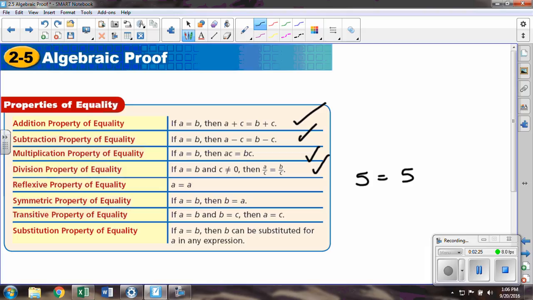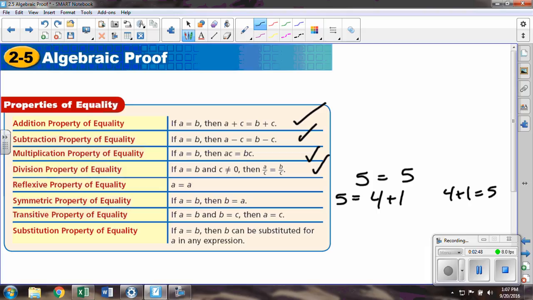The symmetric property lets us take things and flip them around. For instance, if we know that 5 is equal to 4 plus 1, if we flip around the equation, it's going to be true also. We can flip equality and it'll still be the same. Remember, if you flip a less than symbol, this doesn't work.